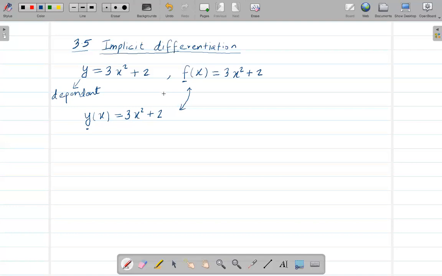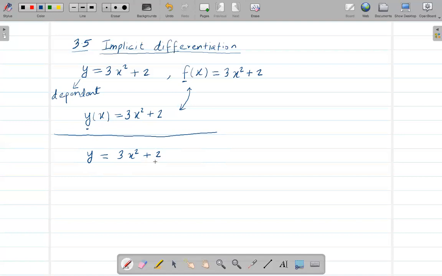Now, there is also another thing. So let's say we have a function, y is equal to, again, 3x squared plus 2. I can also write this as well.